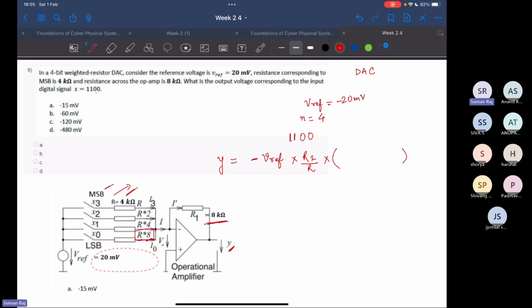So since this is 1100, you have to take 1 into 2 to the power... this is a little weird. You have X0, 1, 2, 3. So it is actually 1100.